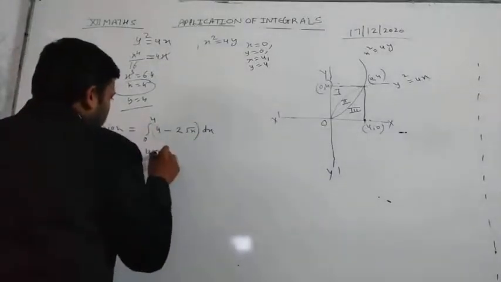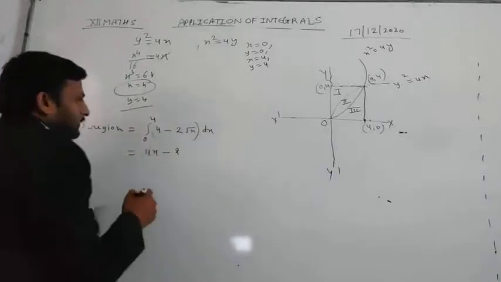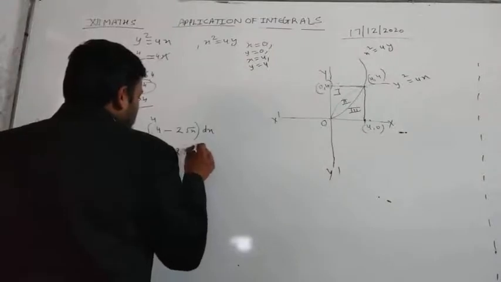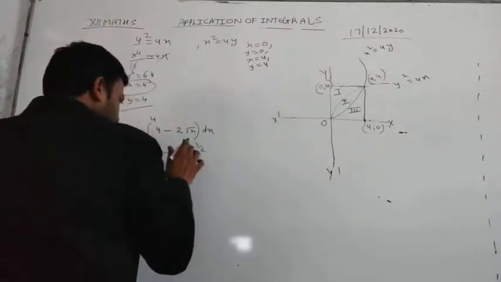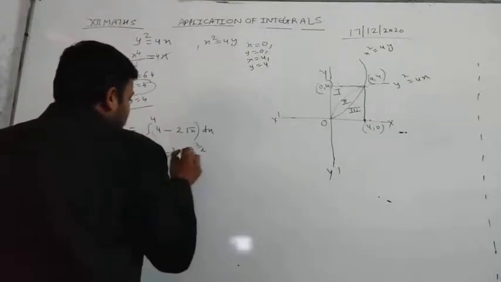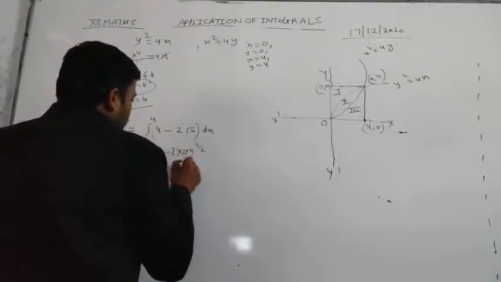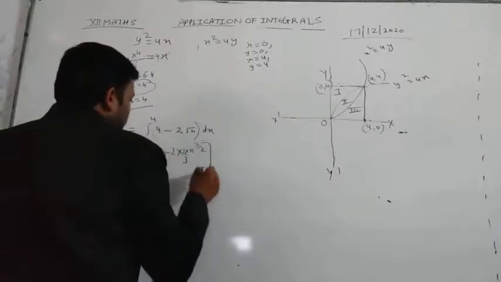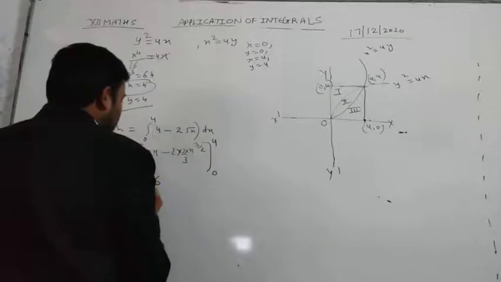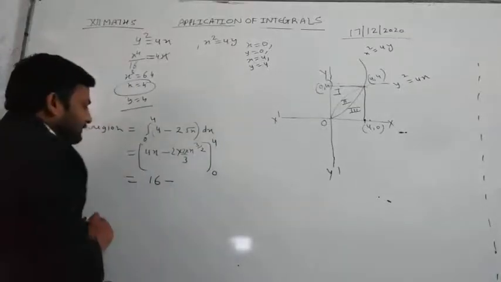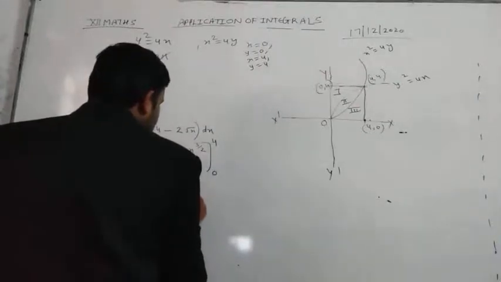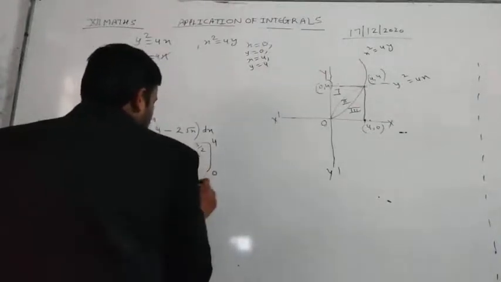So it will be 4x minus 2, and this is x to the power 1 by 2, so x to the power 3 by 2 into 2 by 3. This is from 0 to 4: 16 minus 4 by 3, and we are putting 4 here.